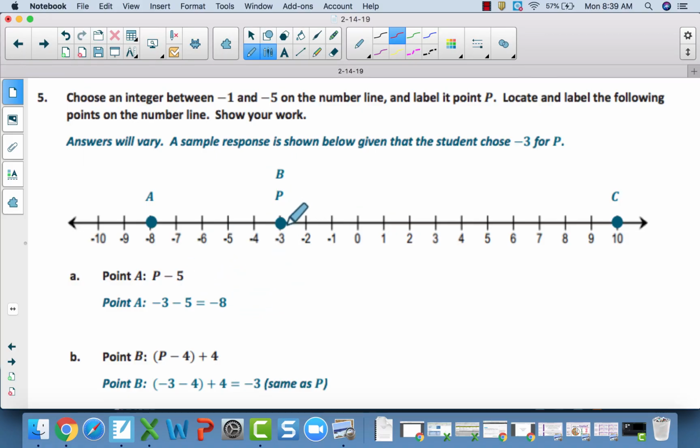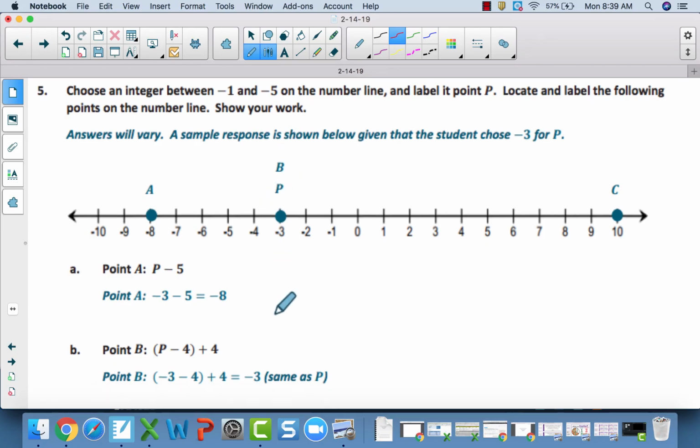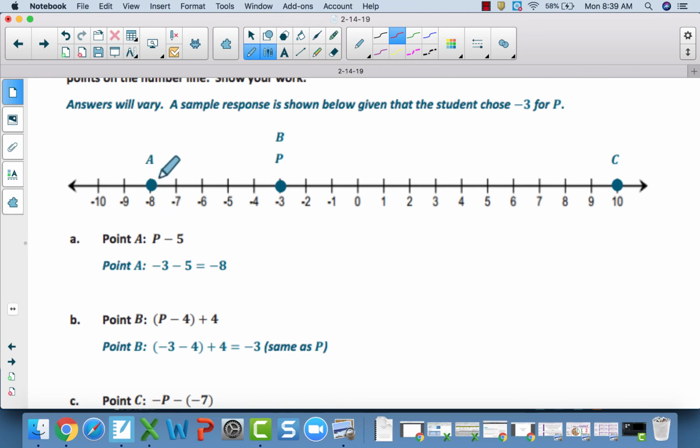But for me, if I pick -3 as P, -3 minus 5 is -8. -3 minus 4 plus 4, that ends up getting -3 because essentially this -4 and +4 are additive inverses. They cancel out. So point B will be right where point P was, right where we started. And point A is over here, by the way.